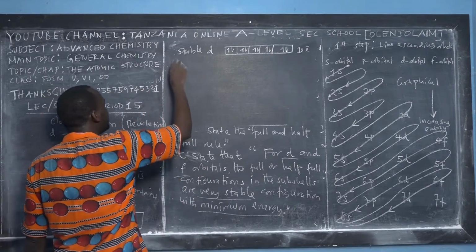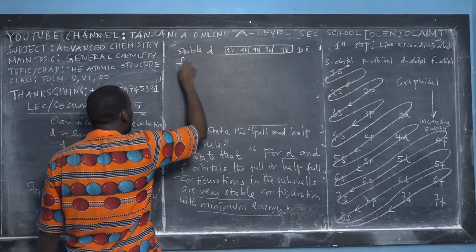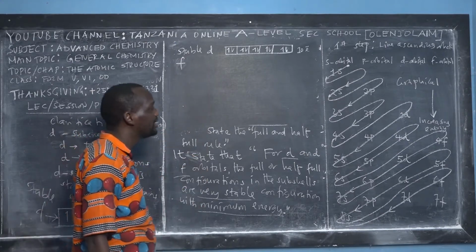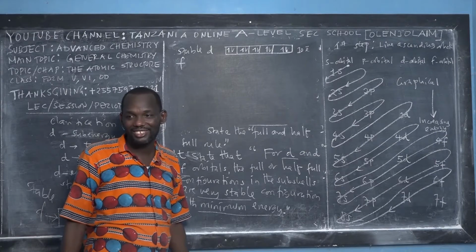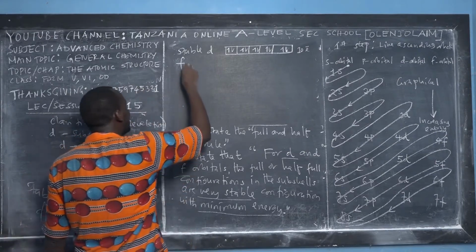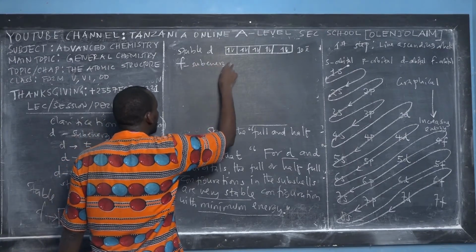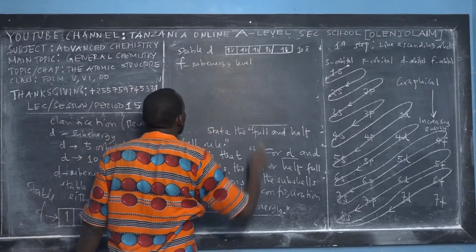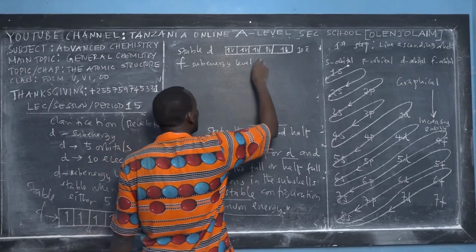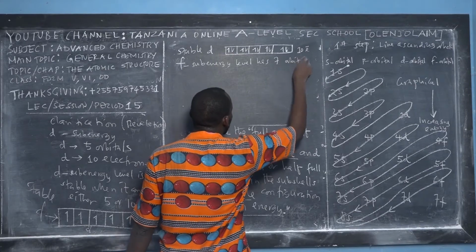Let me explain the F orbital, because you can say that the secret was revealed for the D orbital because it's simple. Okay, F sub-energy level, I told you in the previous lecture, has how many orbitals? 7 orbitals, right?